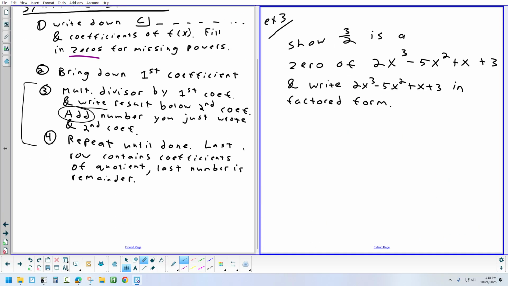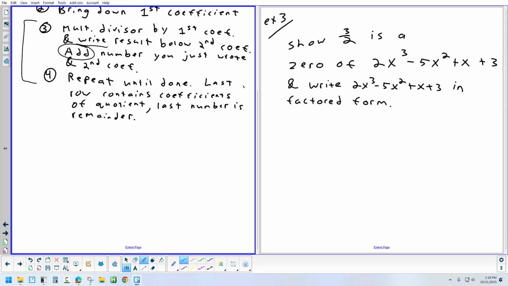Okay. So the next question, it is worded a little differently, but you're actually doing the same thing. They want you to show that 3/2 is a 0. If 3/2 is a 0, what's another way of saying that? I think we had like 5 of them yesterday. If 3/2 is a 0, it also means, yeah? Yep, it means it's a root. There's another way we said it yesterday, and that's the one I'm looking for.